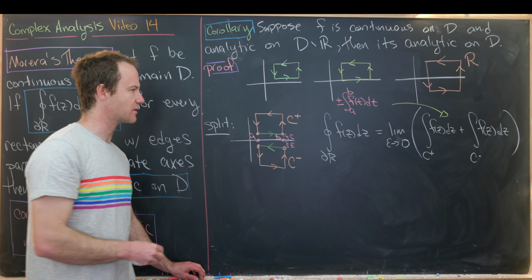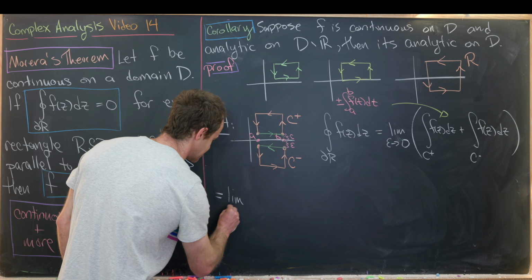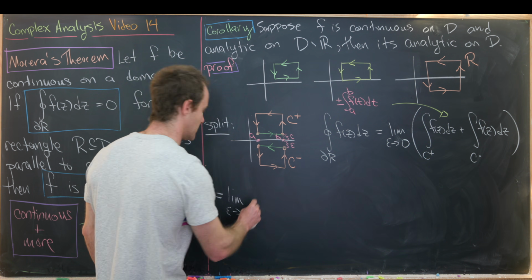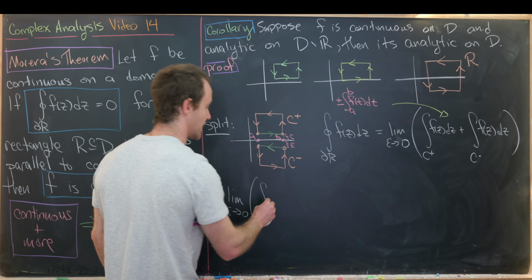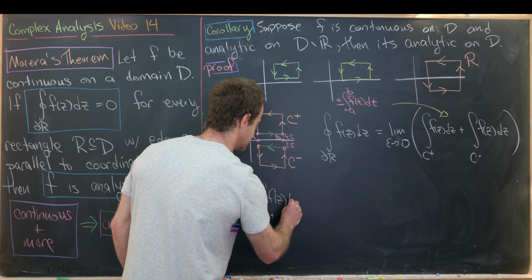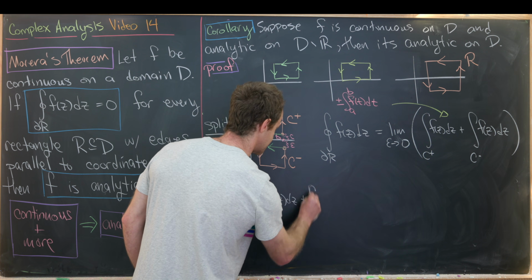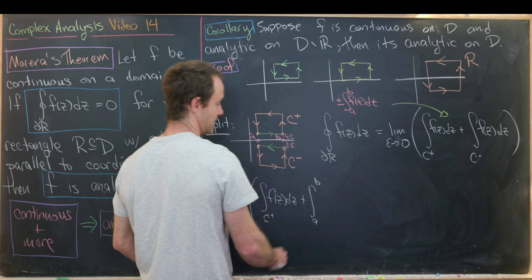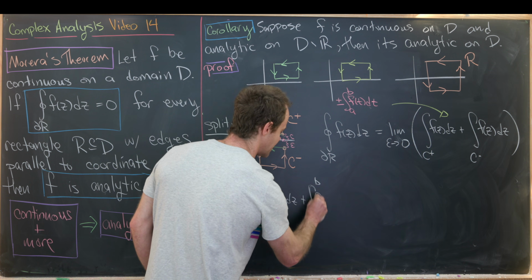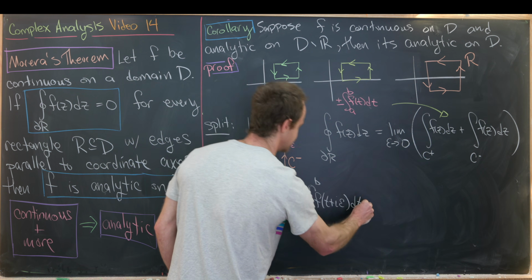Okay, so now let's start putting this all together. So this is going to be the limit as epsilon goes to 0 of, now we have the integral of c plus of f of z dz. So that's that top bit. And then plus the integral from a to b of f of t dt, but I'm going to write this as f of t plus i times epsilon dt.